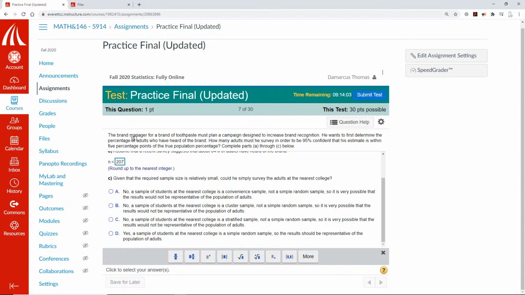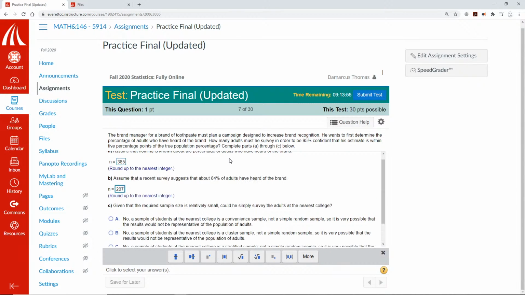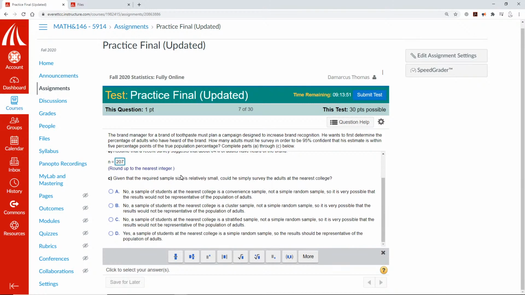And we're talking about a brand manager and brand recognition. So we don't know what kind of campaign certain toothpaste companies have been running at a certain college. So we got to be careful about that. So the question is no, but why no?